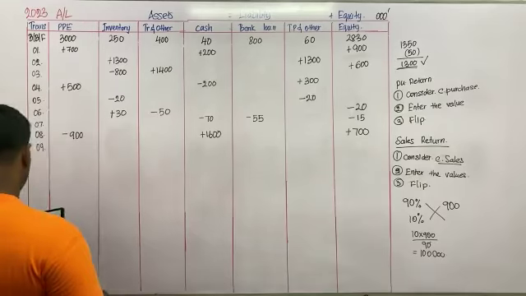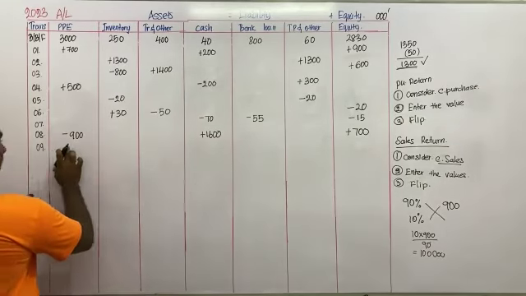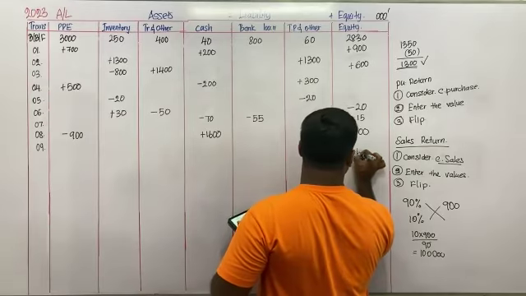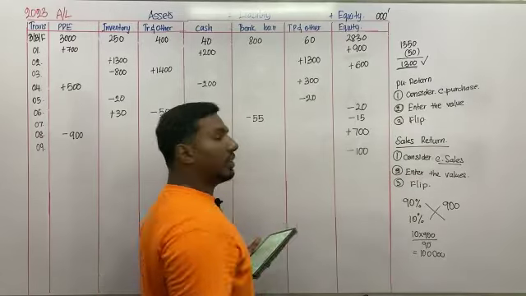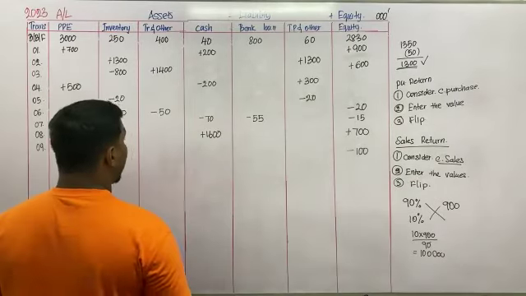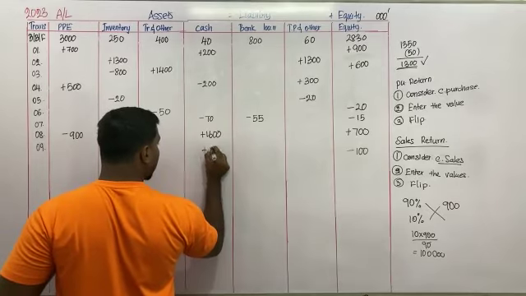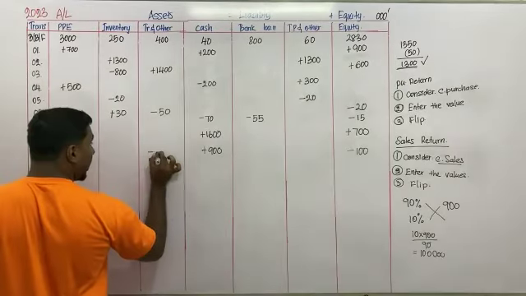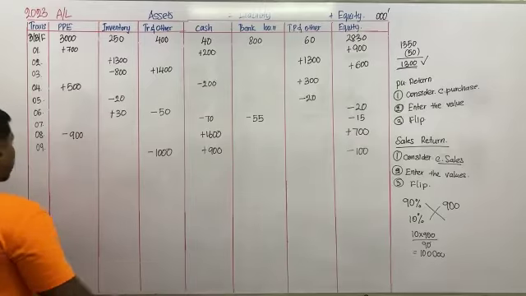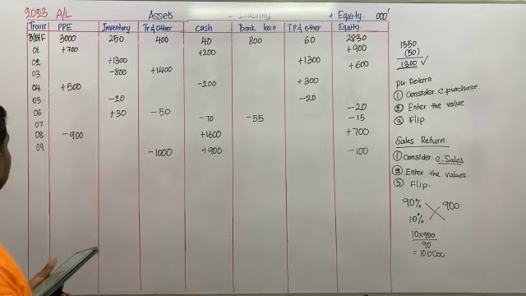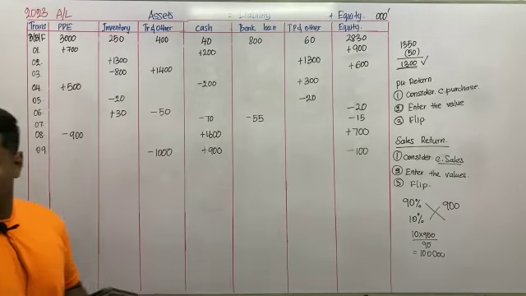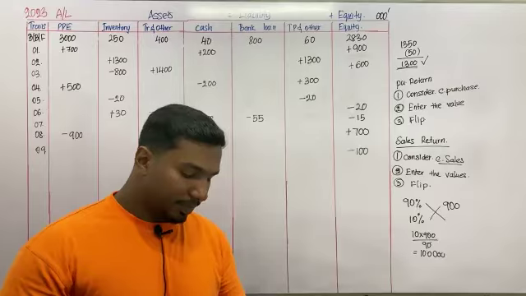So for the transaction number 9, discounts allowed 100,000, since the discounts allowed is our expense. So we received cash 900,000 and trade debtor will be reduced by 1,000,000.